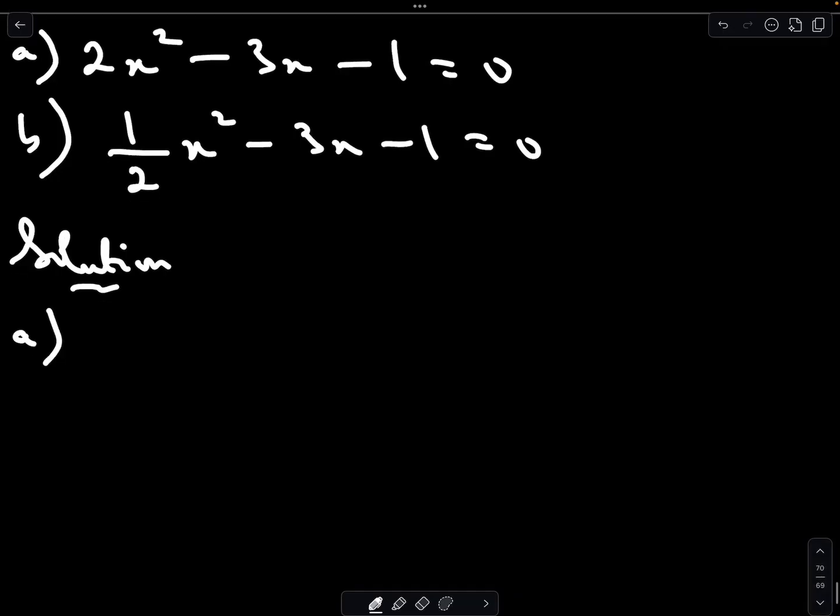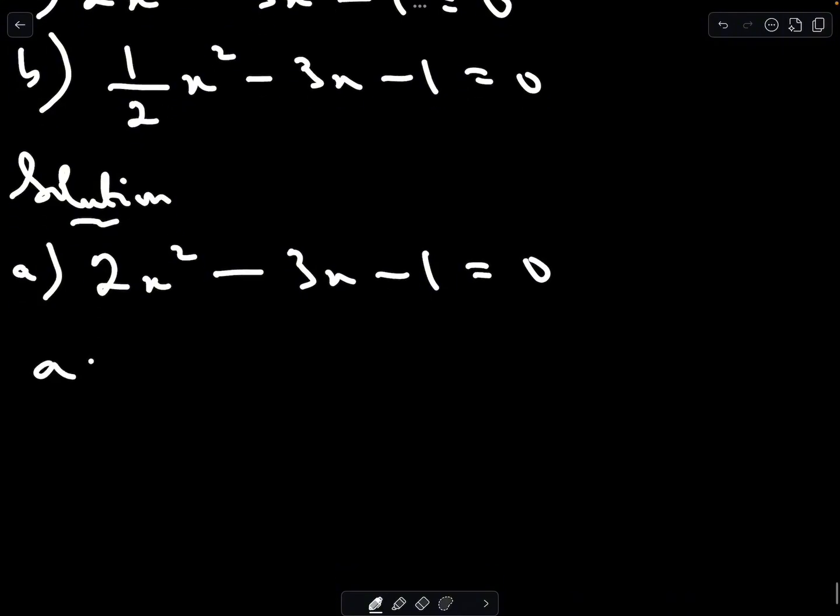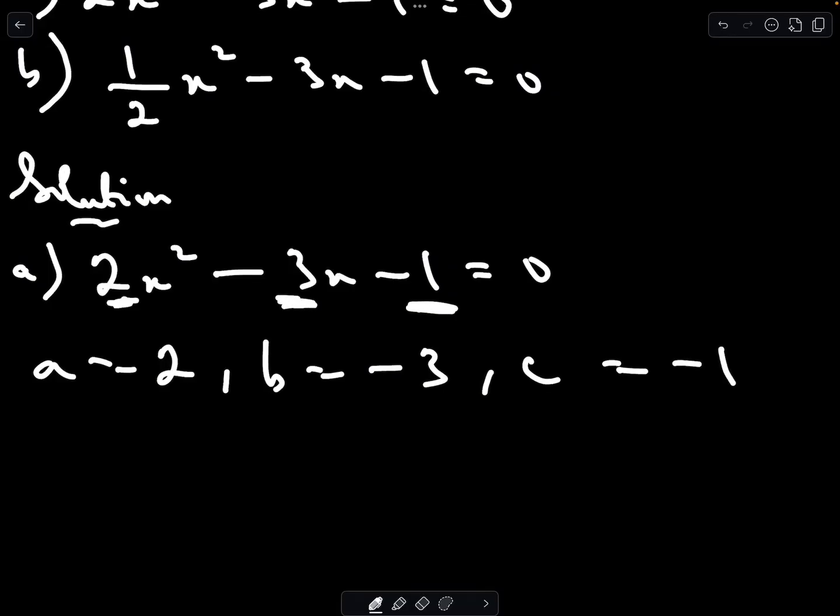A, the equation is 2x squared minus 3x minus 1 equals 0. And that simply means a, the coefficient of x squared, is equal to 2. And b, which is the coefficient of x, is minus 3, while c, which is a constant, is minus 1.